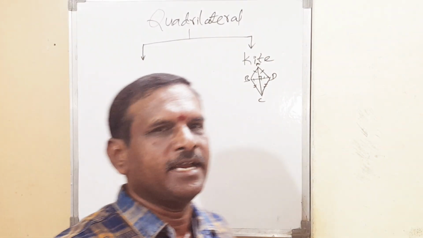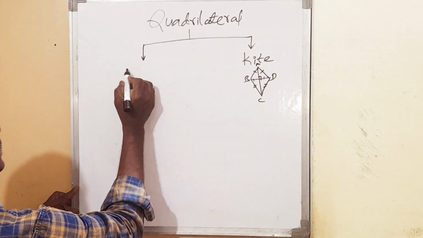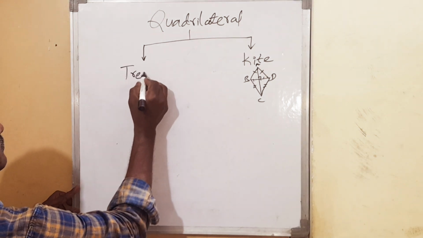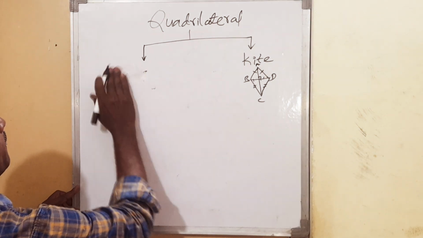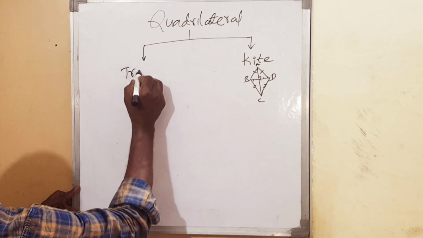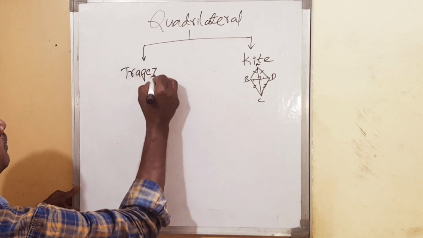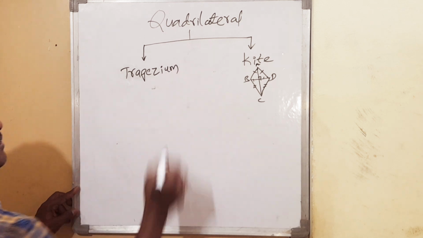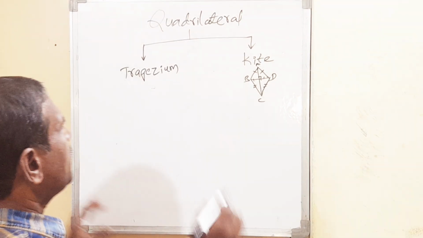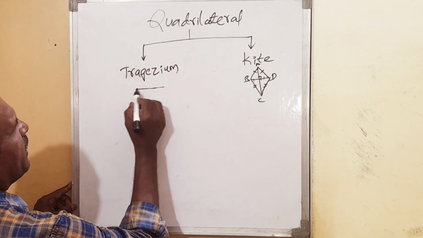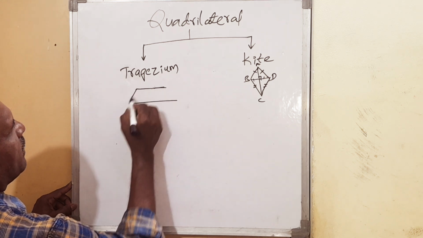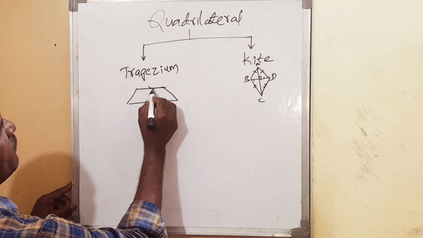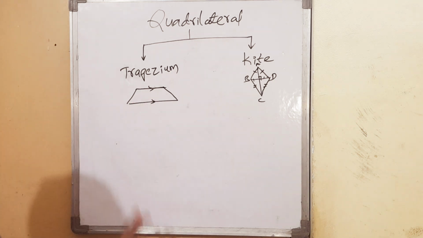This is a kite. Now next, trapezium. What is this trapezium? This is also called trapezoid. In a trapezium, one pair of opposite sides is parallel. Any one pair. I am taking this pair as parallel.